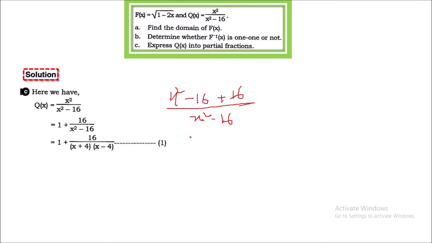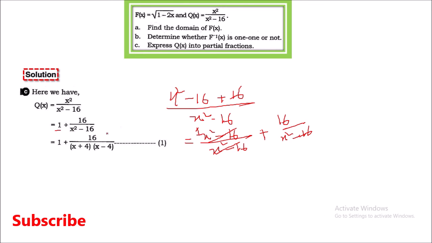If I separate them, x square minus 16 by x square minus 16 and plus 16 by x square minus 16. Now you can see the same thing will be gone and 1 will be there. So this is the one I wrote here, 1 plus 16 by x square minus 16.